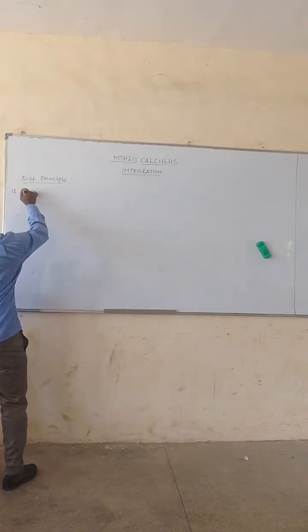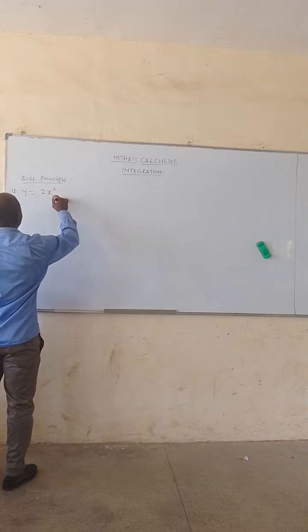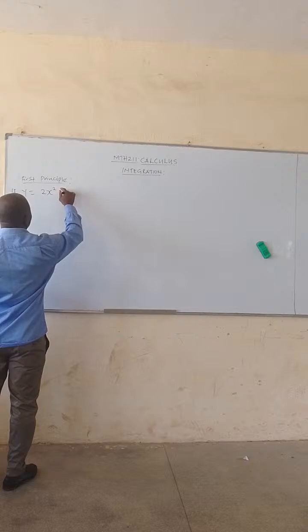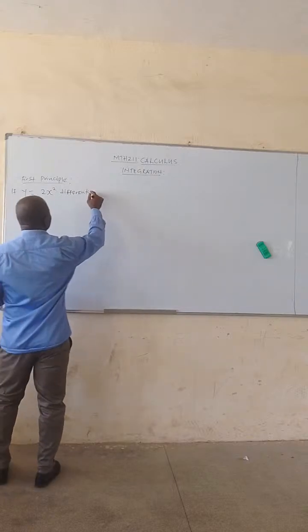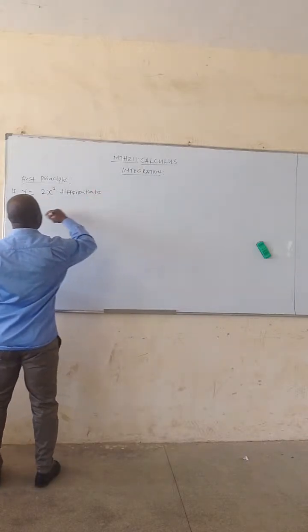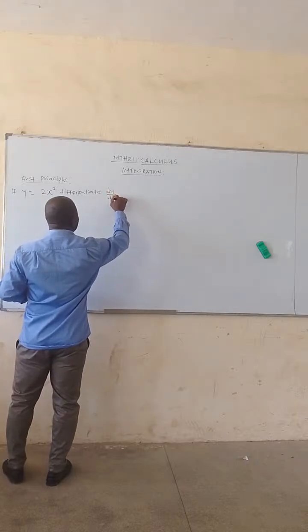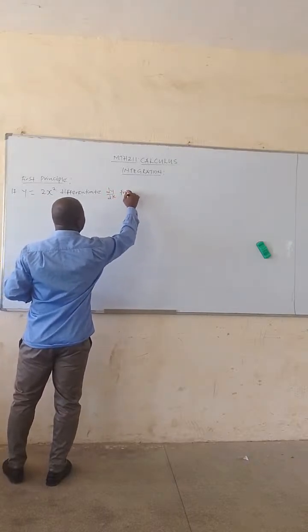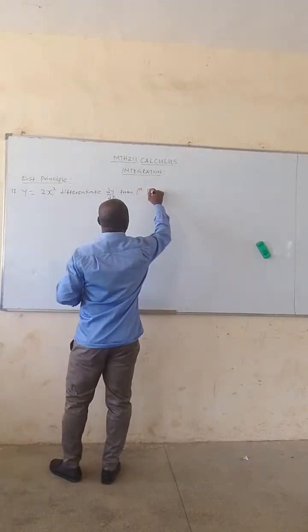If y equals 2x squared, differentiate dy over dx from first principle.